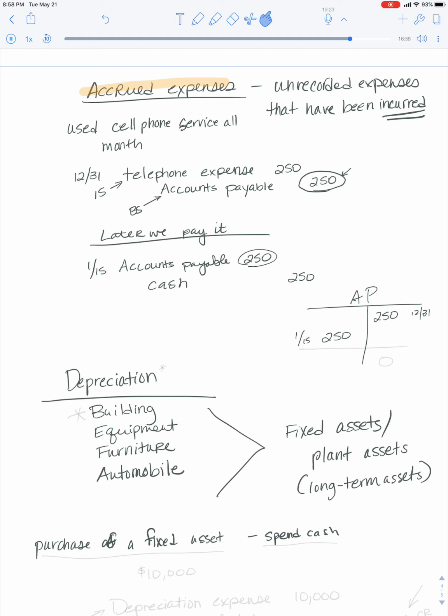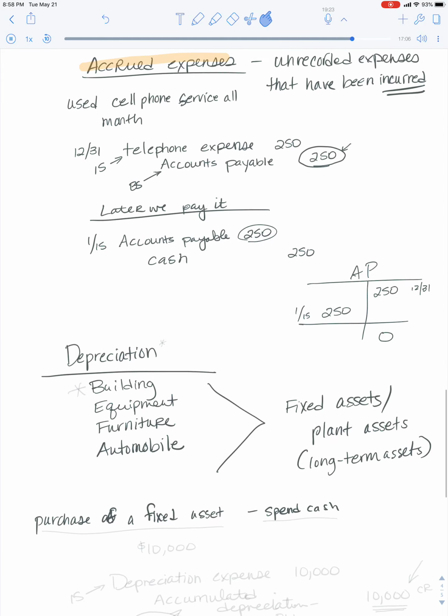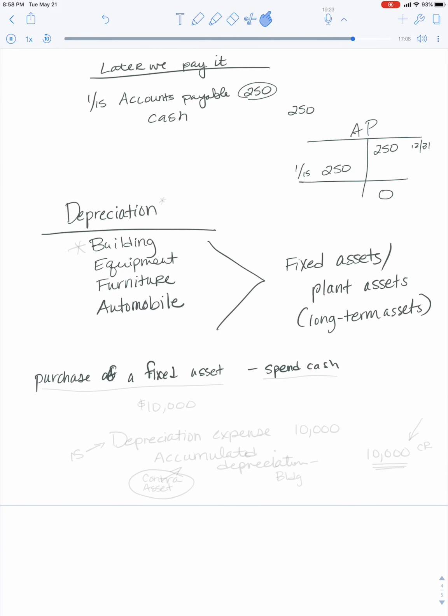The last type of accrual is depreciation. So we're going to spend a whole chapter, chapter 10, on how to calculate depreciation. But in this chapter, you don't need to know how to calculate it. You just need to know what the entry is. So you'll be given the amount of depreciation.